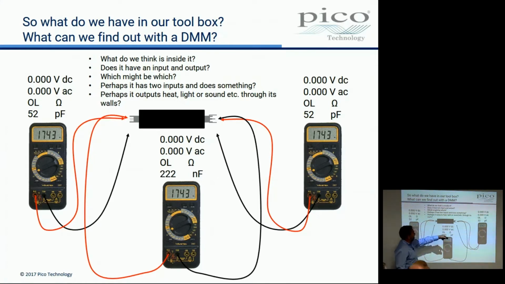The output was pretty much the same, and then I measured across input to output. Again, 0 volts AC, overload ohms, and 220 nanofarads. Might be a capacitor, might be, but we don't know. We didn't find out much because this particular tool, useful as it is in the toolbox, doesn't tell us much about this black box.